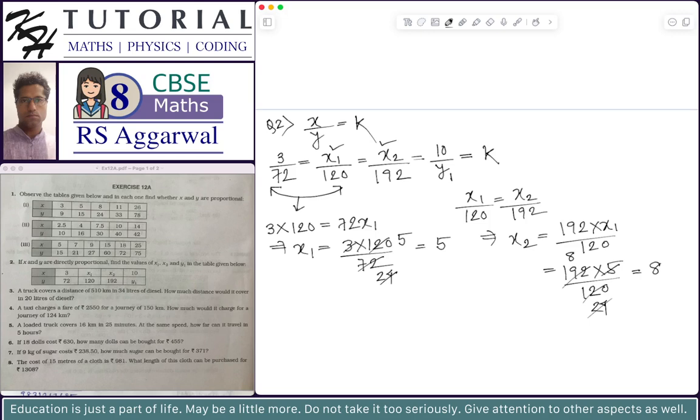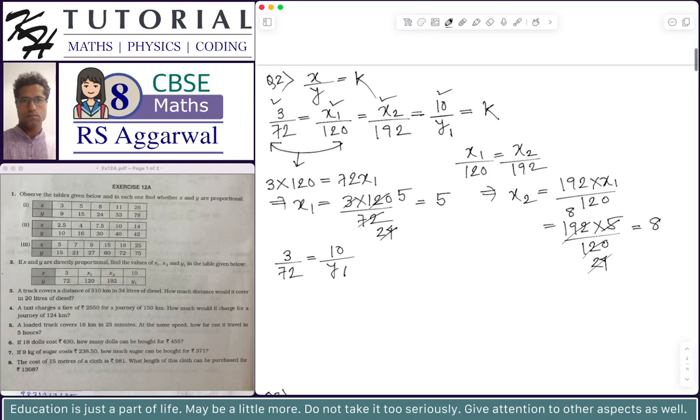Now to find y1, I can consider the ratio of the first corresponding value and the last corresponding value. So I have 3 by 72 is equal to 10 by y1.